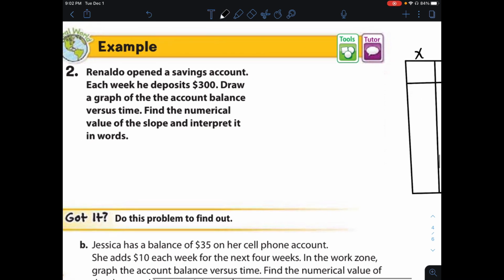So what did I tell you about time? When we talk about time, time will always be your x-coordinate. And since it's account balance versus time, your account balance is going to be your y-coordinate. So our y-axis will be account balance, and our x-axis will represent our time.